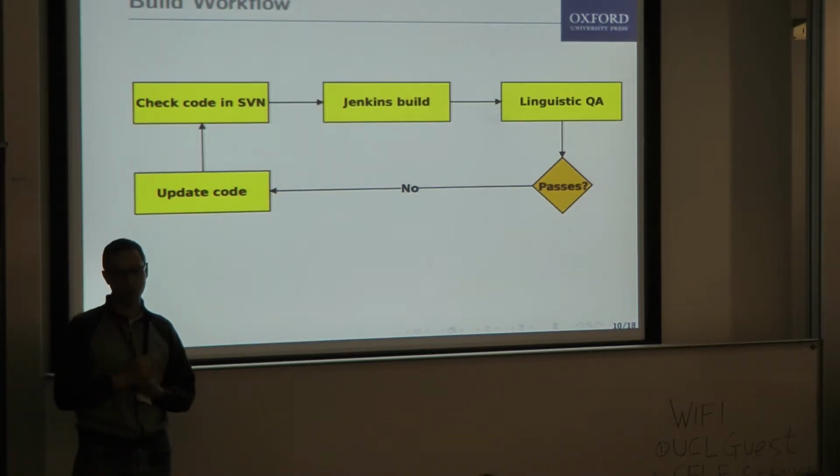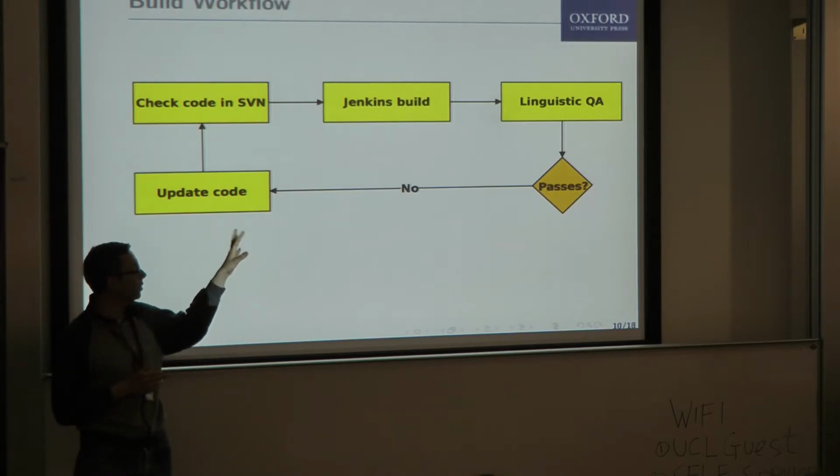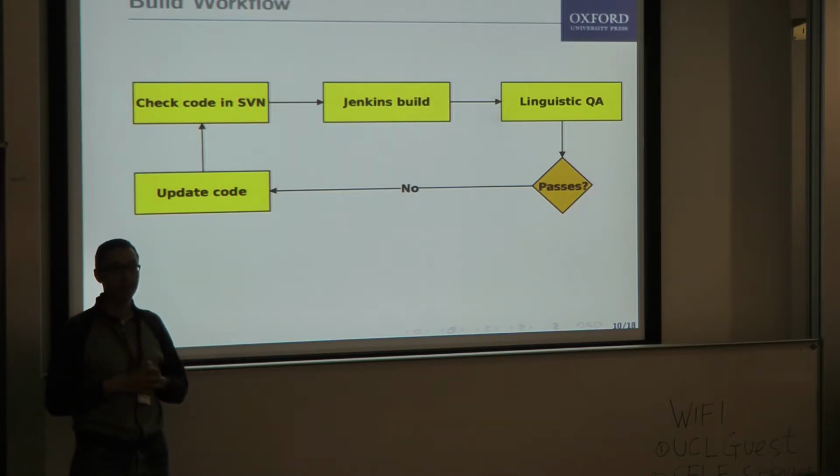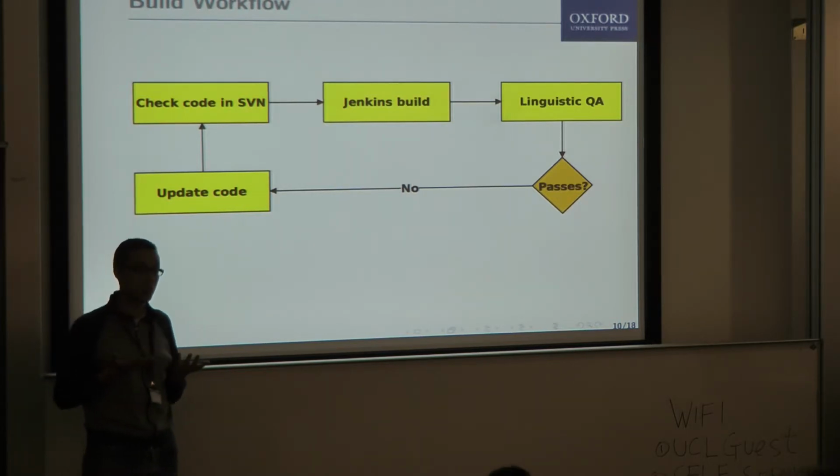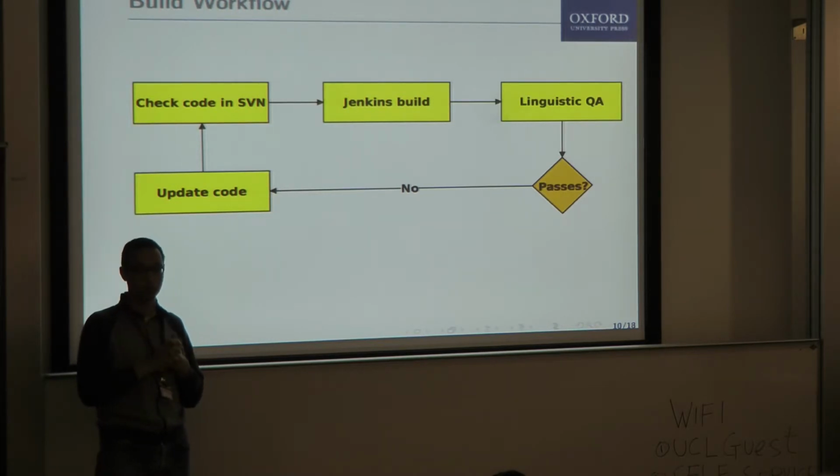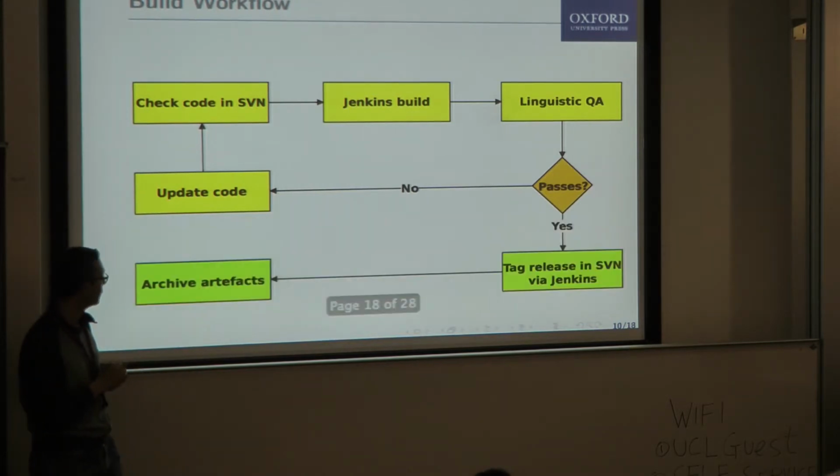This is why the linguistic QA is a human activity, so it's error prone as well, and we are aware of this. But we still need humans to check languages that we have absolutely no knowledge of. But we try to automate as much as possible, and this is the reason why we decided to implement testing since the very beginning.